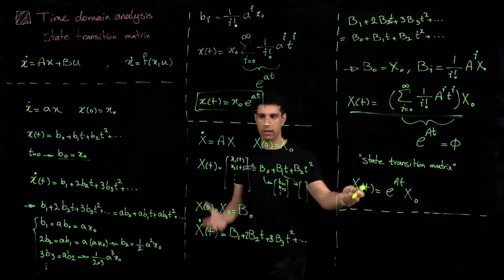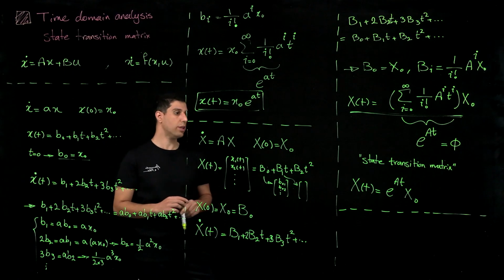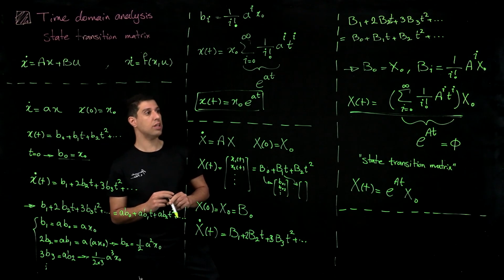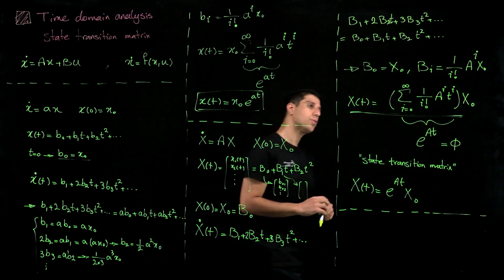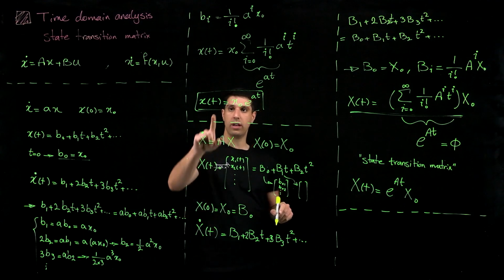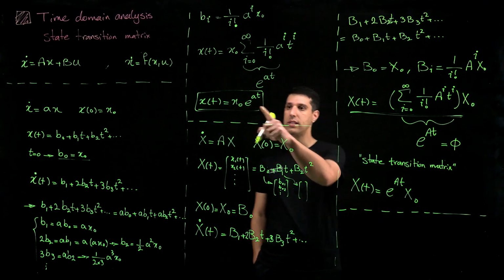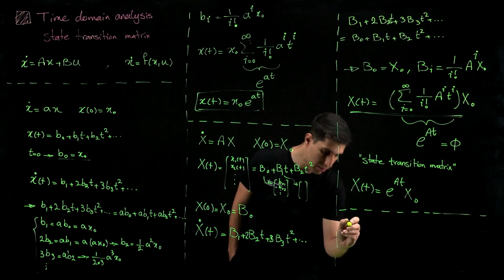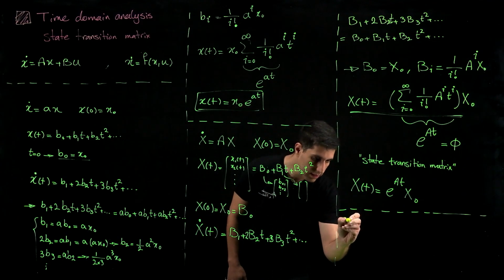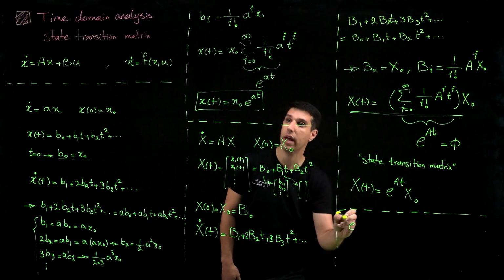So this is a rather powerful notation, and a lot of intuition and useful results can come out of that. The first intuition is that you can make an analogy between the two systems. In the scalar case, you have e to the at.